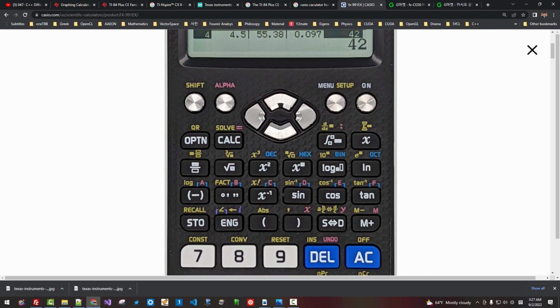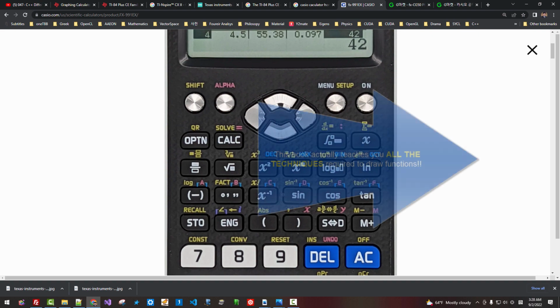Before you draw graphics on your computer or calculator, you need to improve your guessing capability. I mean, you have to be able to guess the shape of the function in advance before you actually draw it on your calculator or computer.